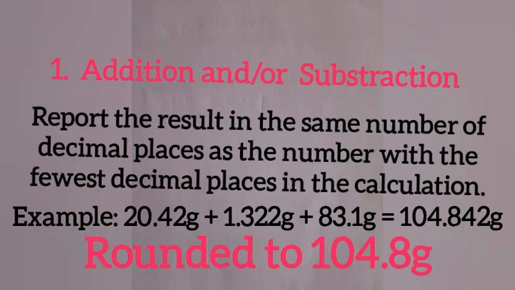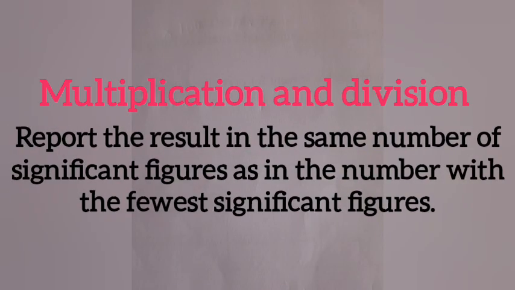Now we can proceed to multiplication and division operations. For multiplication and division operations, you report the results in the same number of significant figures as the number with the fewest significant figures. Here I'm trying to work out the area of a rectangle, with the breadth and length.